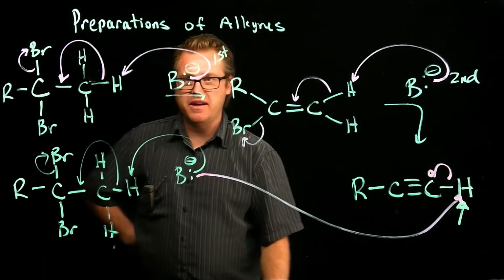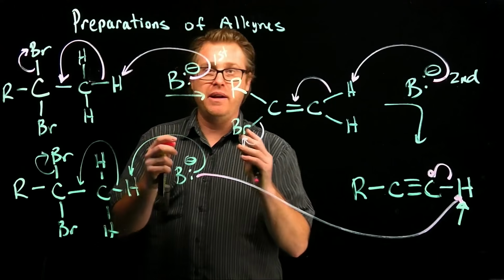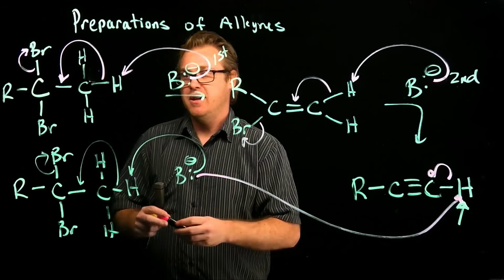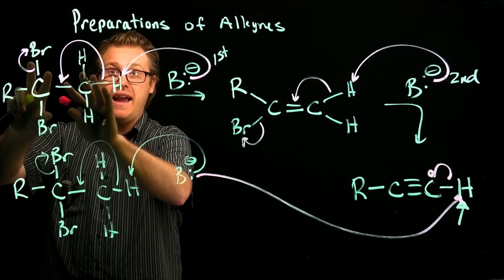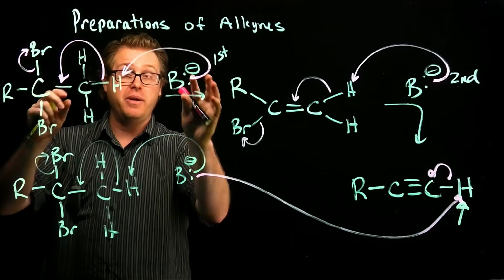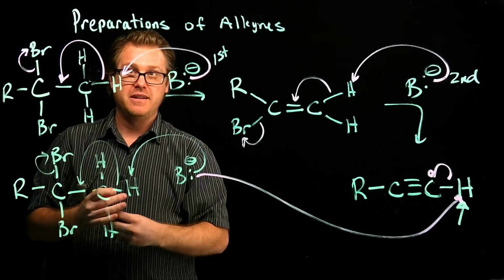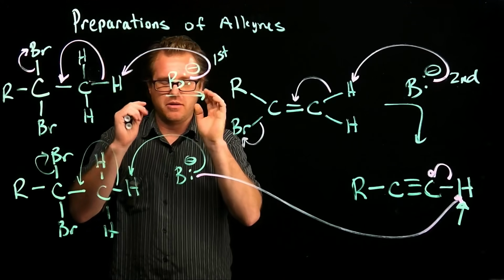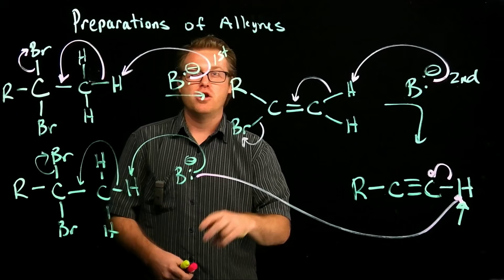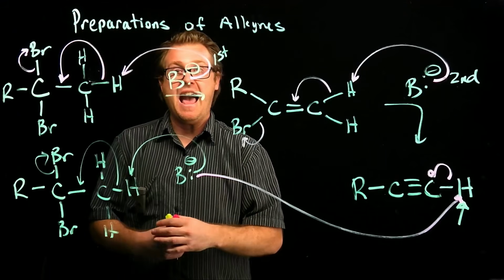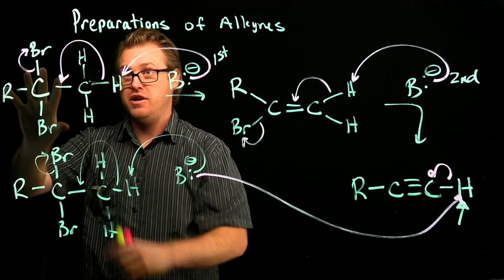And so what's going to happen is if you've only added 2 equivalents of base, you have all of your dialkyl halide that you want the 2 equivalents to react with. So if you've added only 2 equivalents of base, those 2 equivalents had to go all to the dialkyl halide.